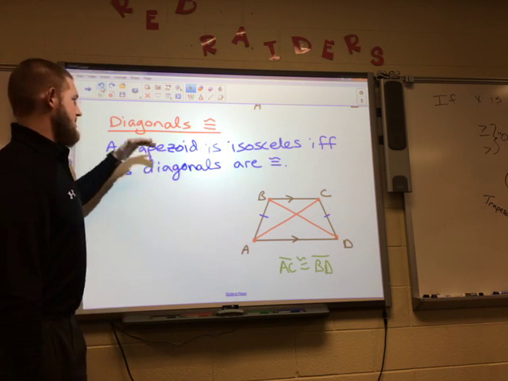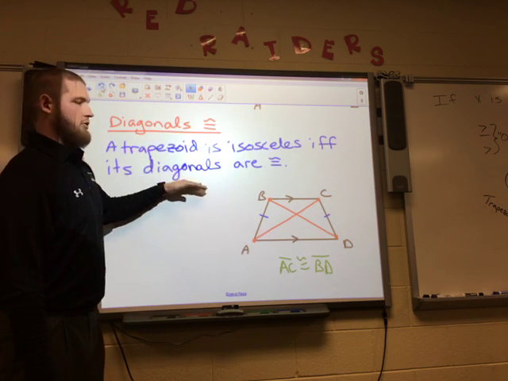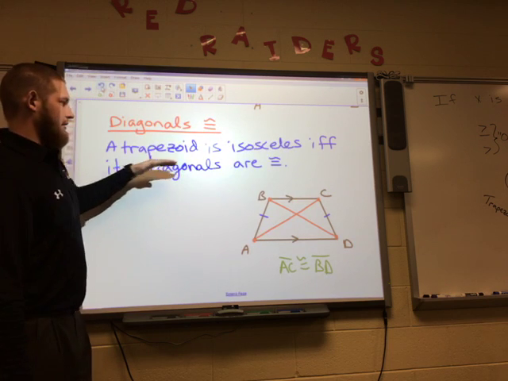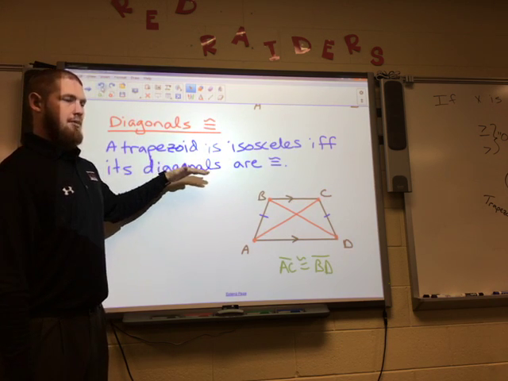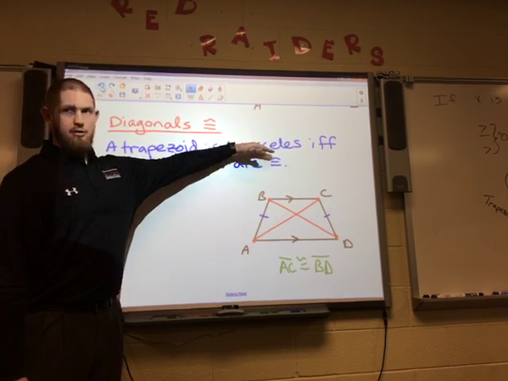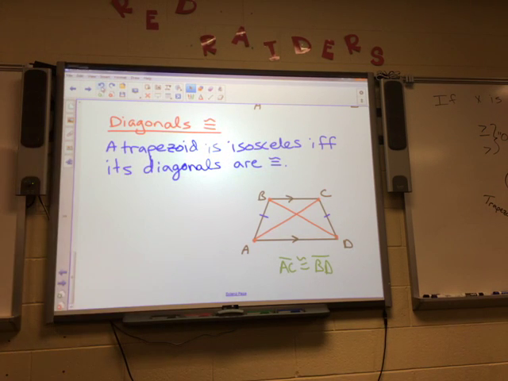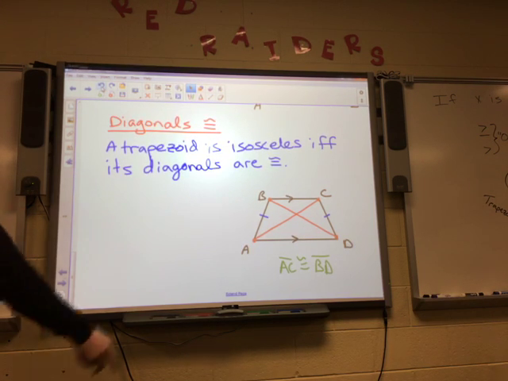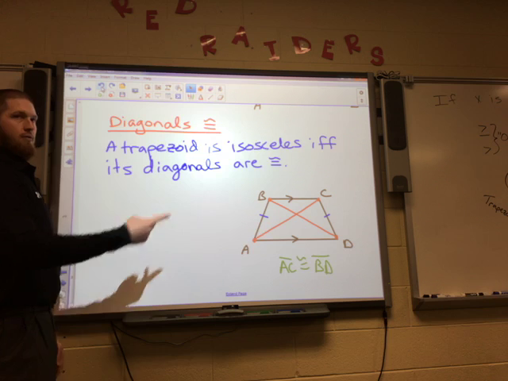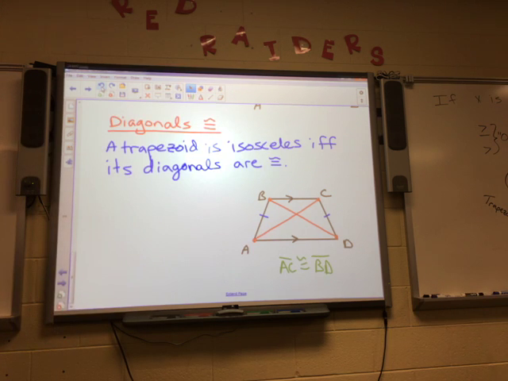Or, if the diagonals are congruent in a trapezoid, then it must be isosceles. So just be aware that this one also, just like yesterday's, works both ways, for both the original and the converse. Any questions on this one?